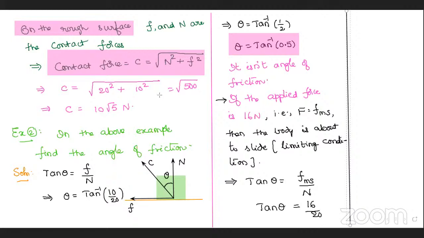Simple, Lakshmi Gayatri. Whether the surface is rough or smooth, which is the existing contact force? Normal reaction. That's it. So he is the reference for us. That's why we are measuring the angle with the normal reaction. Is it clear now?